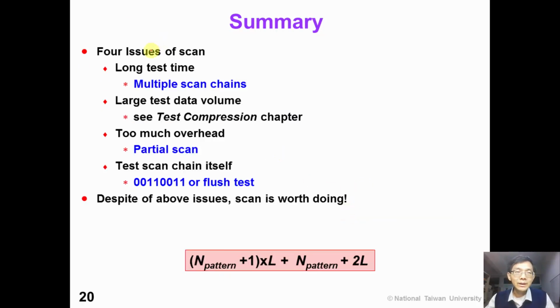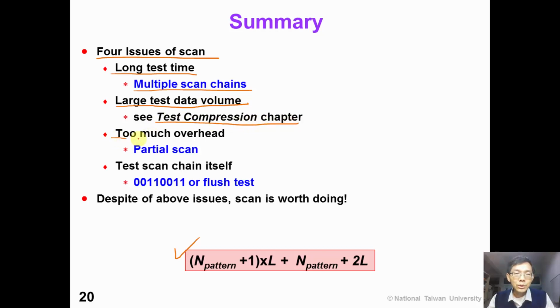In summary, in this video, we showed 4 issues of scan. The first one is long test time, which can be solved by multiple scan chains. And the number of test cycles is shown in this equation. The second issue is the large test data volume. The detailed solution can be seen in the test compression chapter.